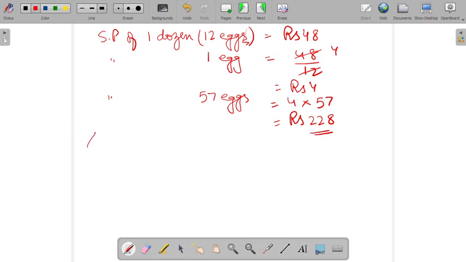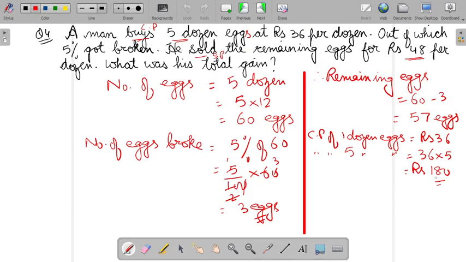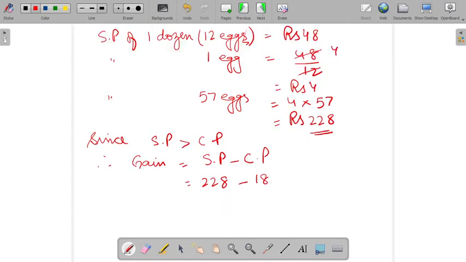So since selling price is greater than cost price, therefore gain equals SP minus CP. So SP is given 228 and the cost price is 180 rupees. So 228 minus 180.